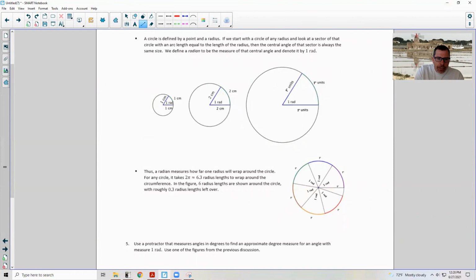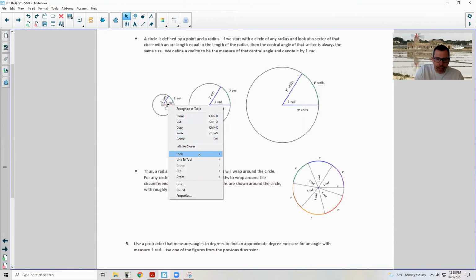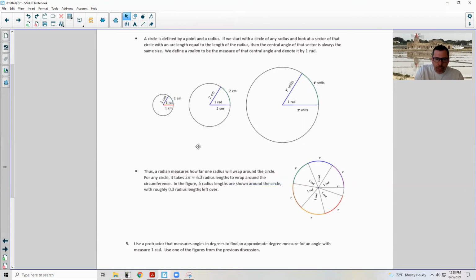So let me draw a radius. Okay, so there's a radius right there in red. So if I now take that and rotate it 180 degrees and don't change its length, so let me lock it. Allow move and rotation.